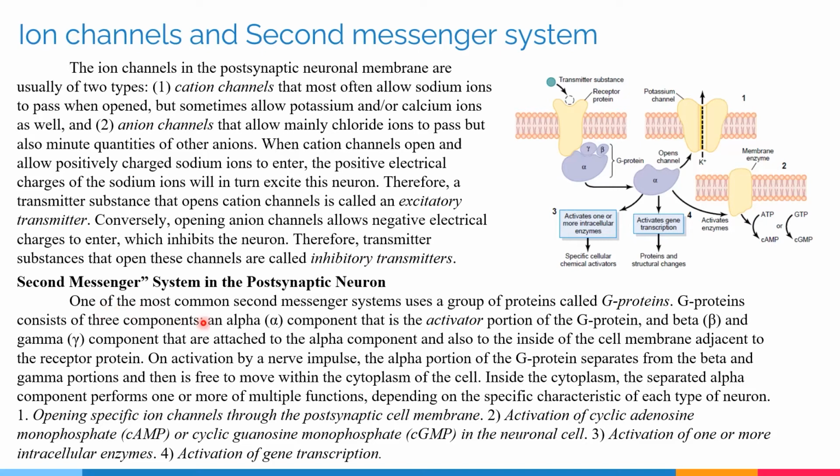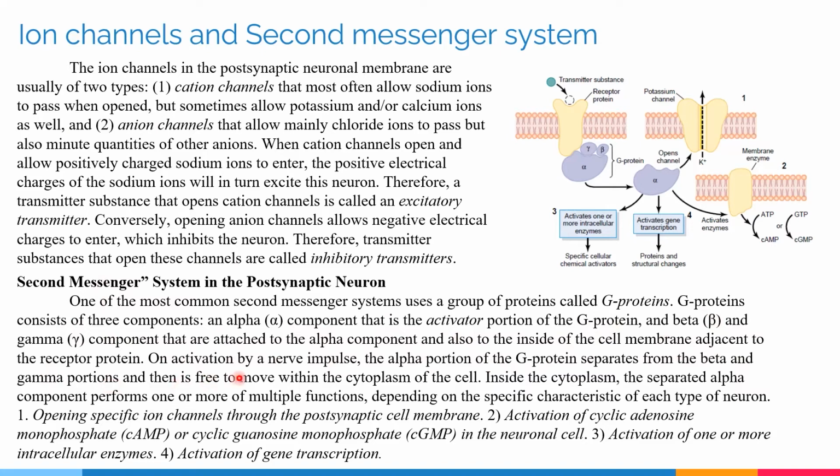One of the most common second messenger systems uses a group of proteins called G proteins. G proteins consist of three components: an alpha component, that is the activator portion of the G protein, and a beta and a gamma component that are attached to the alpha component and also to the inside of the cell membrane adjacent to the receptor protein.